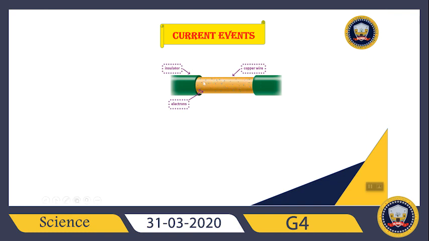So here is a copper wire, this yellow one, and those blue dots refer to the electrons. Moving of electrons easily in this copper wire means electric current. So again, when the electrons are moving easily through this copper wire, this moving of the electrons is called electric current.